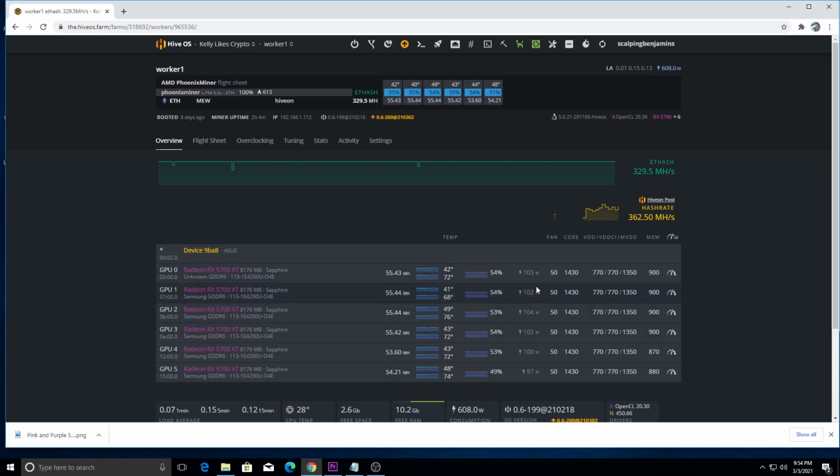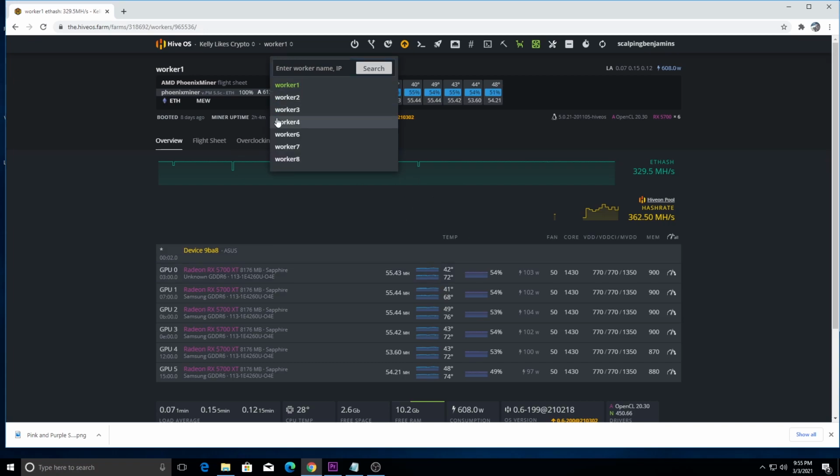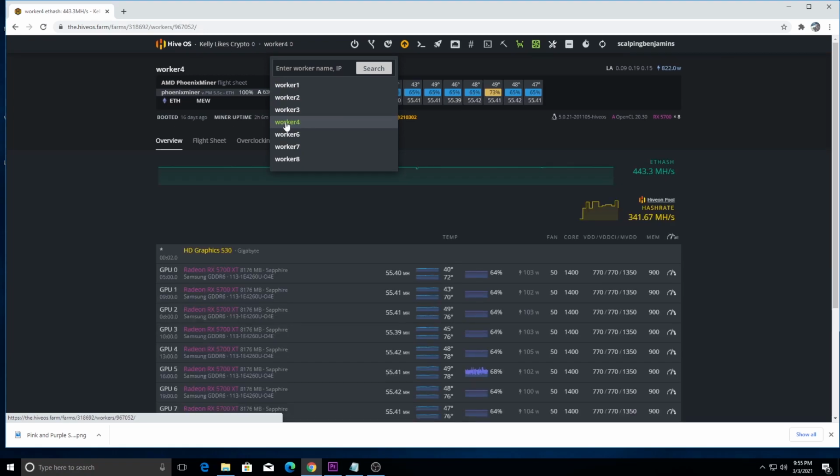So if you do run into issues, just start troubleshooting by knocking down these guys here. Also, if this is giving you issues, you can maybe do 800, 1400, and then work your way down from there.